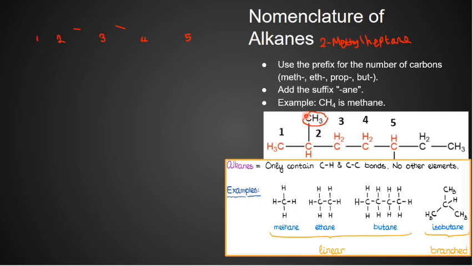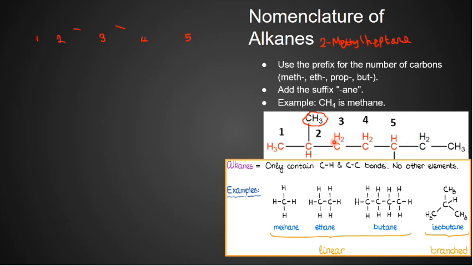Now this CH3 is closer to this carbon here, so it's right for you to start your numbering from the carbon that is closest to the substituent group. I repeat, you start your numbering from the carbon that is closest to the substituent group. Our methyl here is the substituent group, so it's going to be wrong for me to start my numbering from the methyl at the right hand side here. So you have to start from this side. So this will be carbon 1, carbon 2, 3, 4, 5, 6.